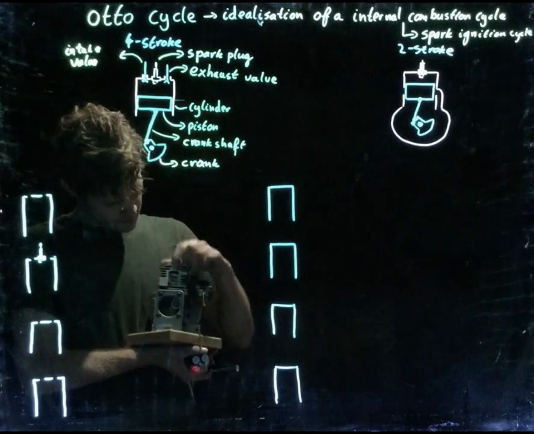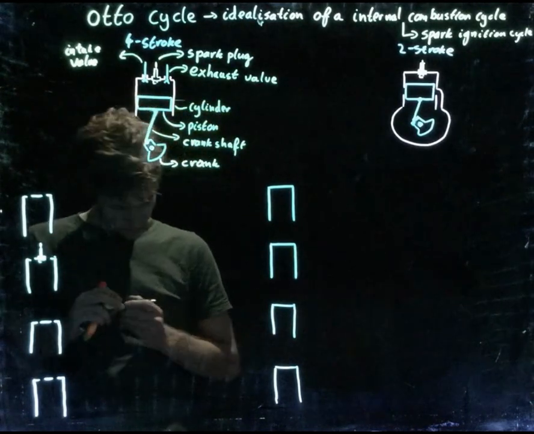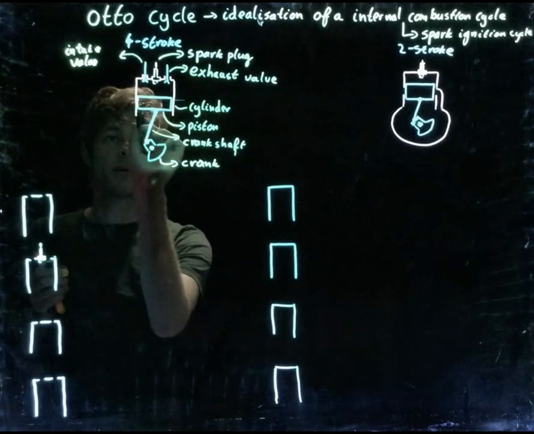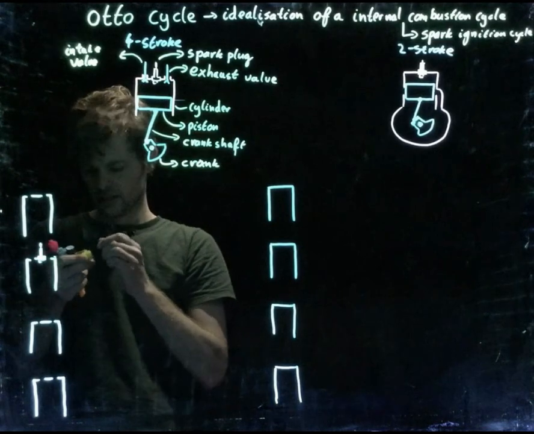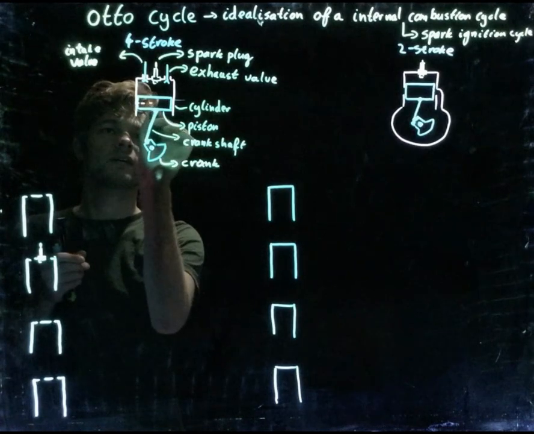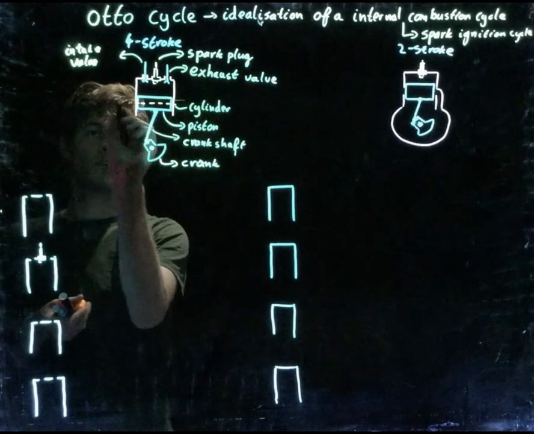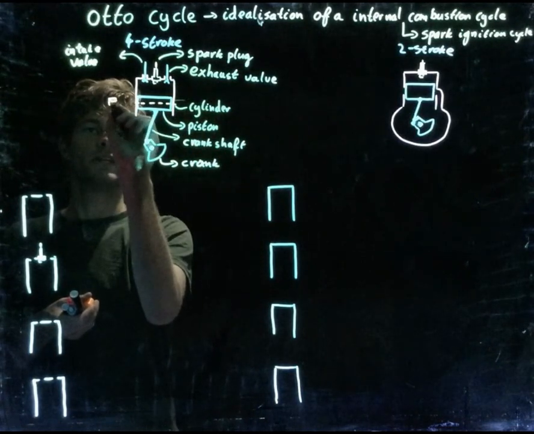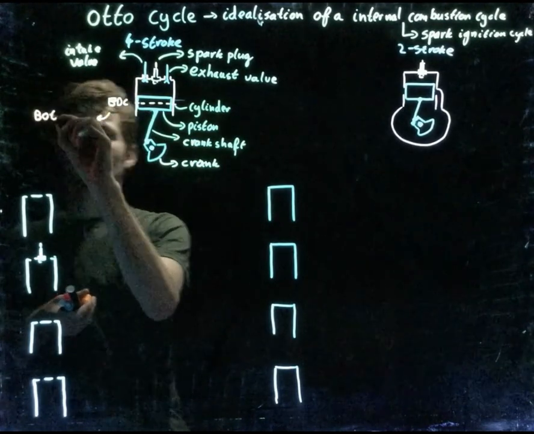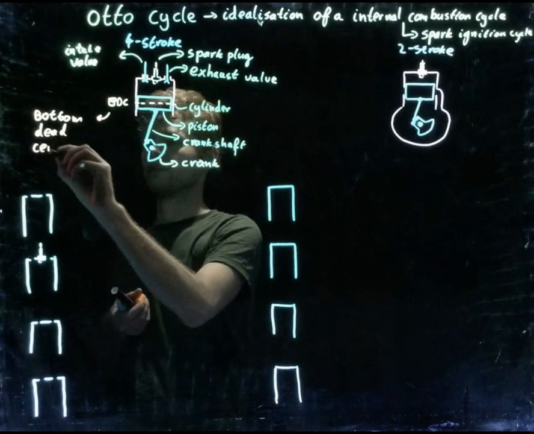Now I'm going to discuss some important items that you need to be aware of. Over here, let's choose another color, orange. Here we have the lowest point the piston will move to, and that's called the BDC, the bottom dead center.